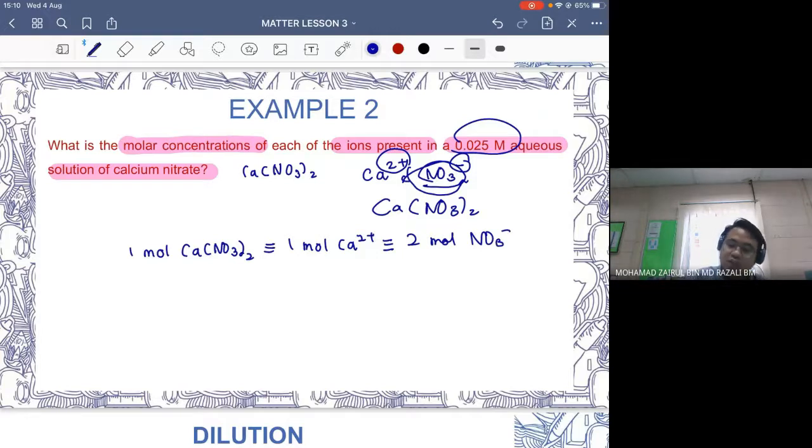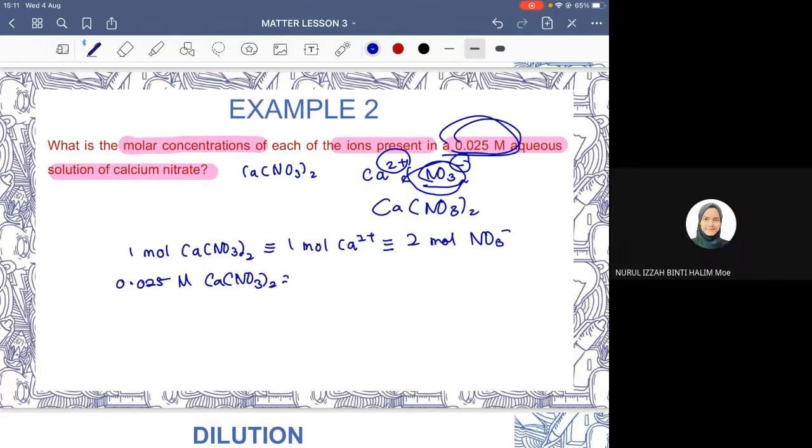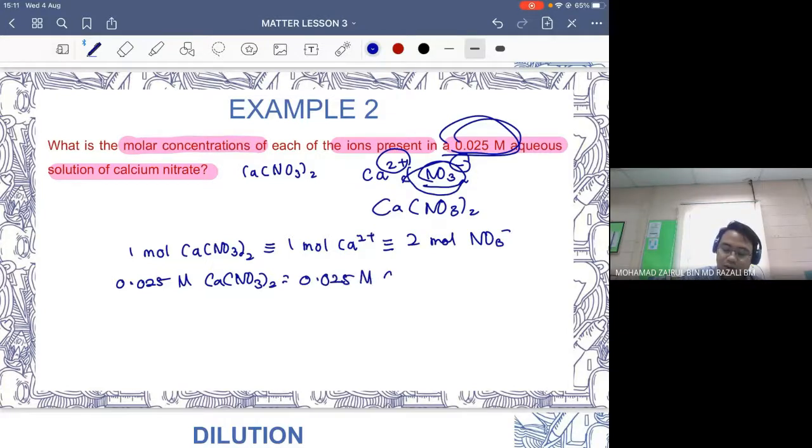So given in the equation, the molarity is 0.025 molar of calcium nitrate. So molarity of calcium ion? 0.025. Okay.